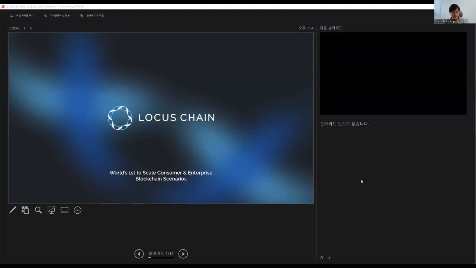We'll be focusing on key technologies that make Locus Chain the most scalable and fully decentralized layer 1 public blockchain. These technologies include the ledger structure of Locus Chain, which is the DAG-based account-wise transaction chain, verifiable pruning, and dynamic sharding. But for today's session, we're going to be focusing specifically on verifiable pruning.